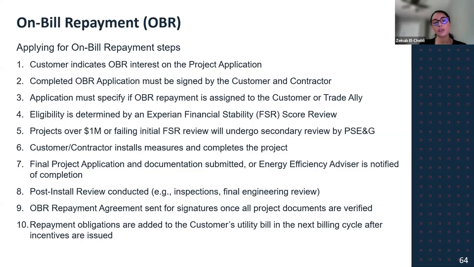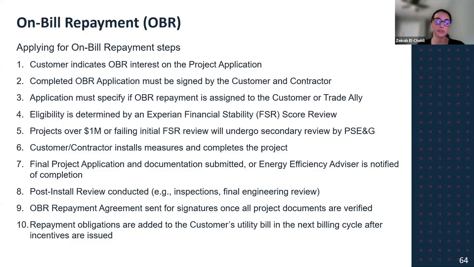We will conduct a post-inspection review, making sure that all of the items listed for your on-bill repayment agreement are applicable. And then we will send you the on-bill repayment agreement. The agreement is the legal documentation to state how much is owed, how much is going to be listed on the customer utility bill over that 5-year duration, what the total project cost is, and what the incentive was for the project.